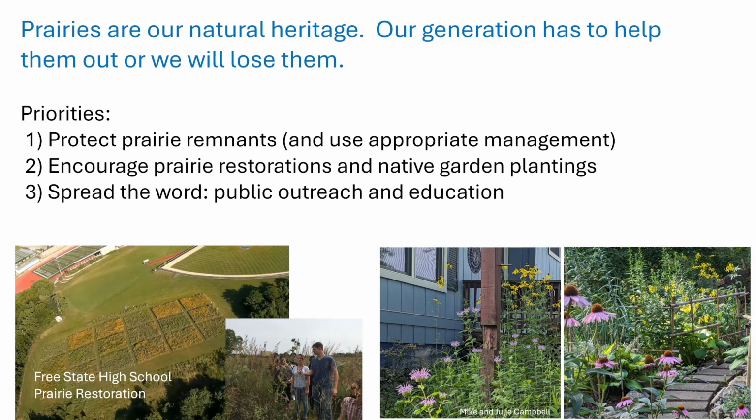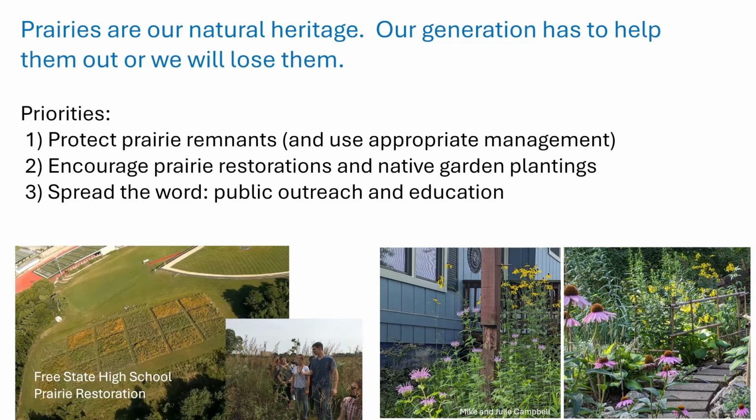So the way I personally look at it is that prairies are a natural heritage. If our generation doesn't keep them going, we're going to lose them. And so the way I look at things is first priority is protect the prairie remnants, the native never plowed areas. And unfortunately, we can't just put a fence around them. We have to do appropriate management. We want to encourage prairie restorations.